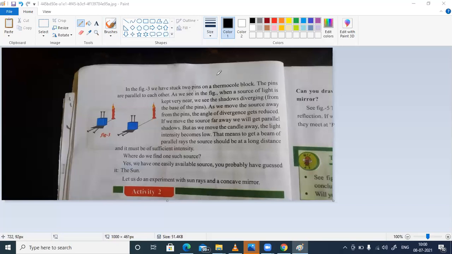Sir, the screen is not visible. It is not showing. Yes, sir. Are you able to see the screen? No, sir. Yes, sir. Okay.